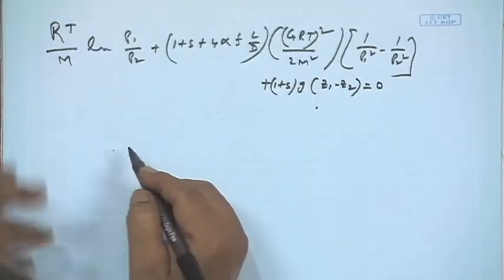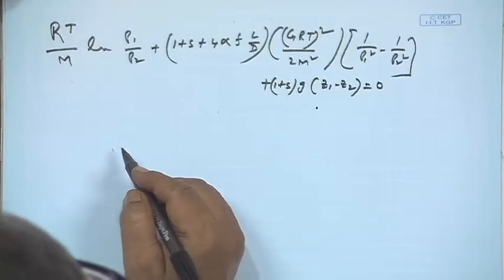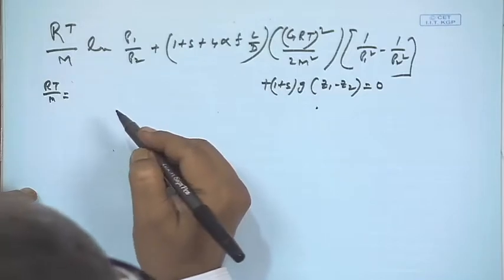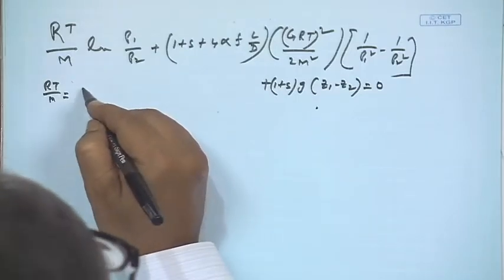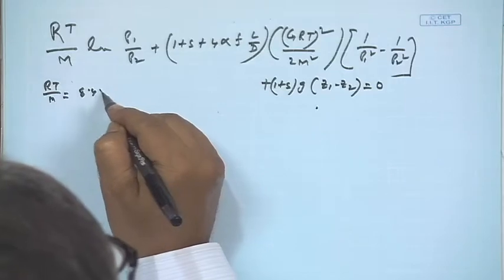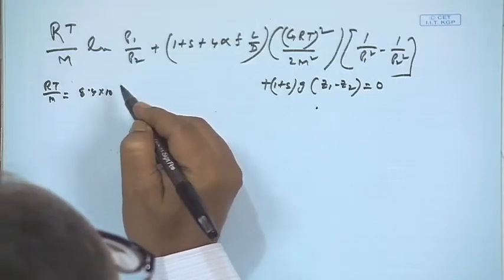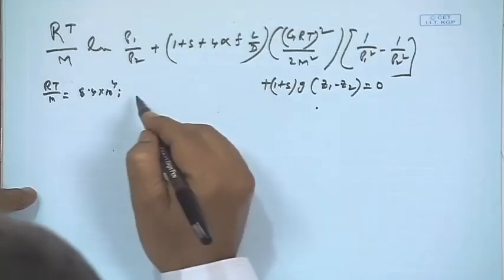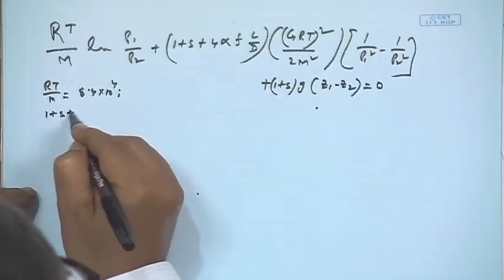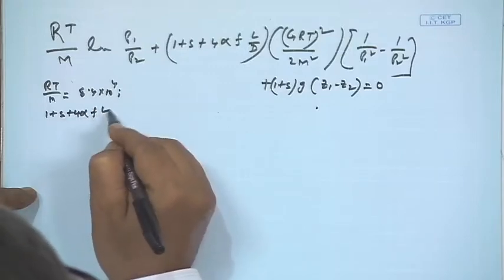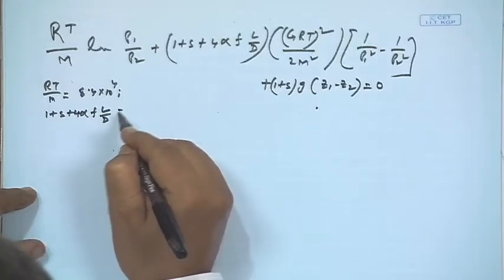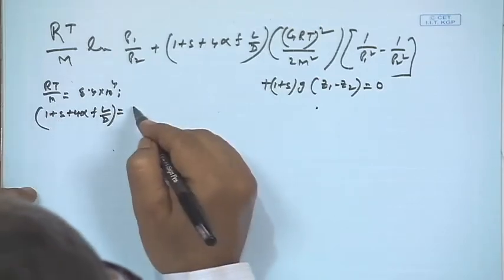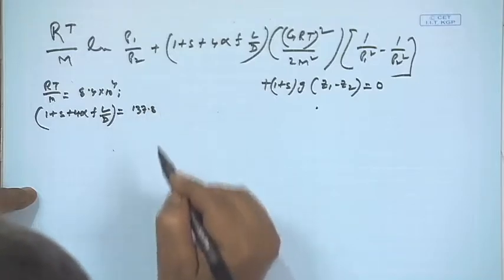We found out in the previous class the values: RT by M is equal to 8.4 into 10 to the power 4. We found out 1 plus S plus 4 alpha F L by D is equal to 137.8.